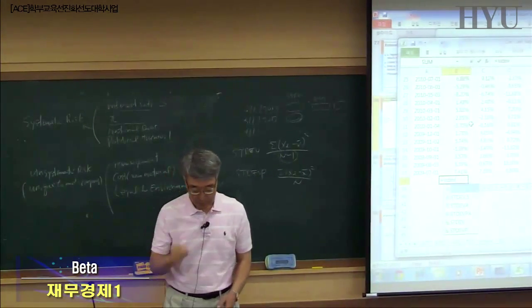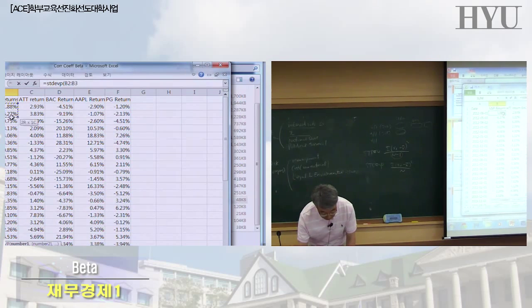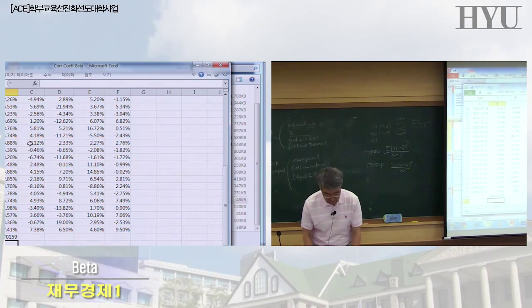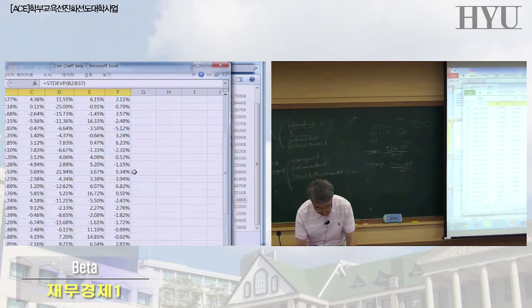Just highlight the whole column. That's the standard deviation, and then you can just copy the formula all the way. So you calculated the standard deviation for all 5 index numbers.